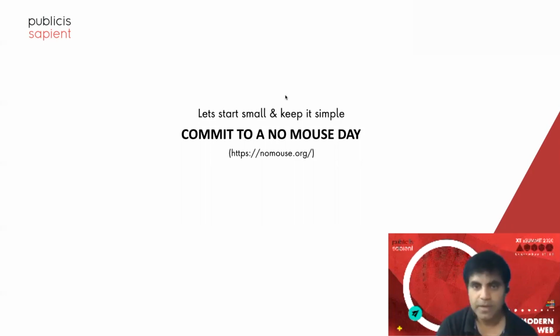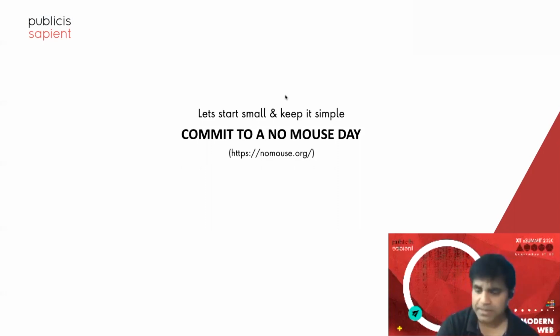There is a complete organization dedicated to asking users to follow this. The idea being, the more you avoid using the mouse, the more you start appreciating the challenges that people go through if you don't provide keyboard access. This is one of the very small steps that you can take, but it goes a long way in ensuring a proper user experience for everybody.